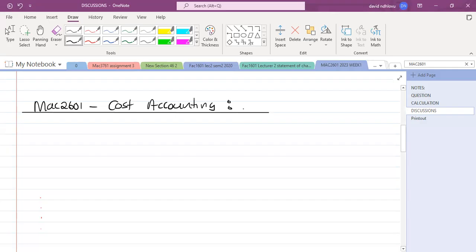However, I would like to advise that it's not really a bad module per se. It's just that the module comes with new principles of accounting that have probably not yet been studied by the learners before. Unless you did MAC1501, which most people in this module don't do, you would have done financial accounting, not costing.